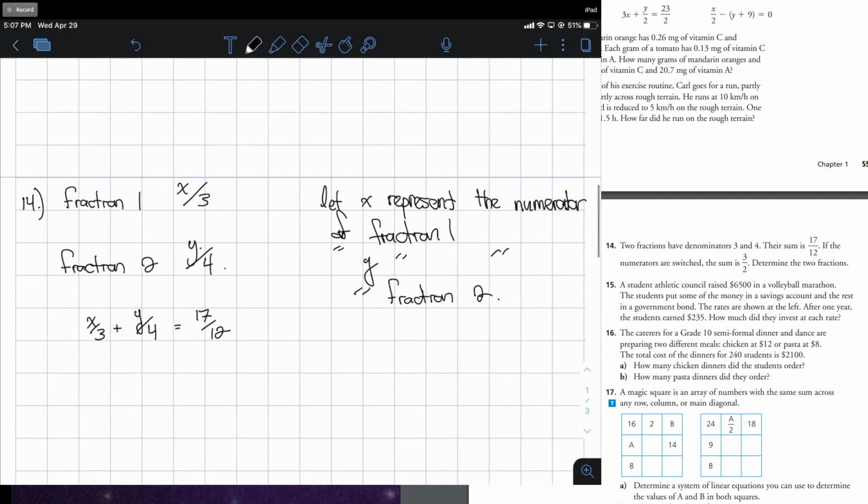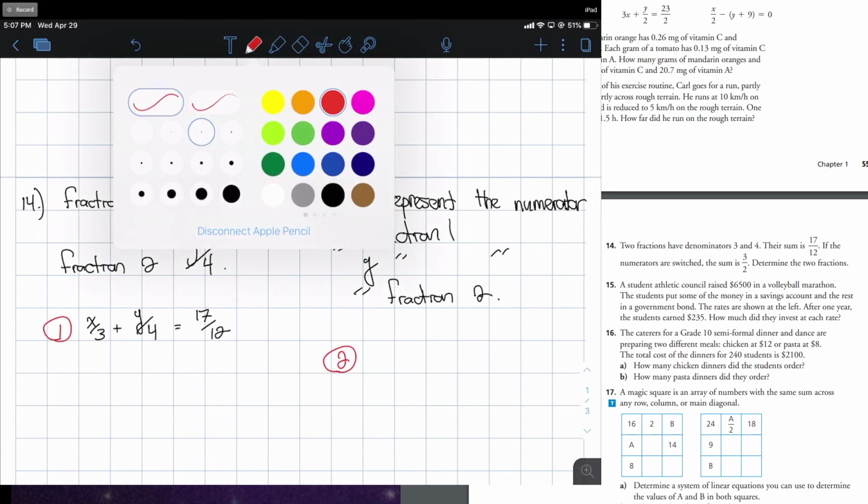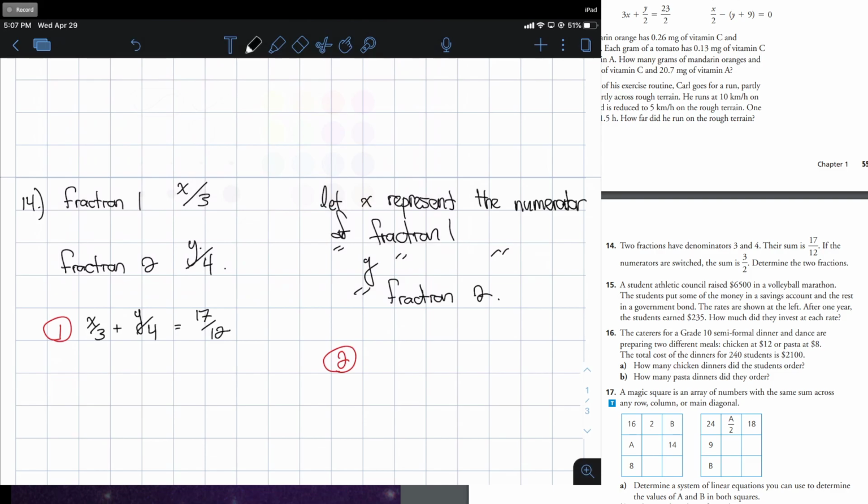So we can call the equation that we just wrote down equation 1. Now, if we switch the two numerators, so if we instead have y over 3 plus x over 4, when we add them up, the sum is 3 over 2. And so here we have our two equations that we now have to solve, okay?